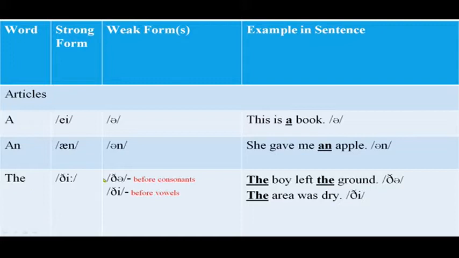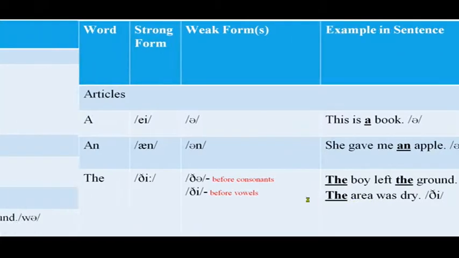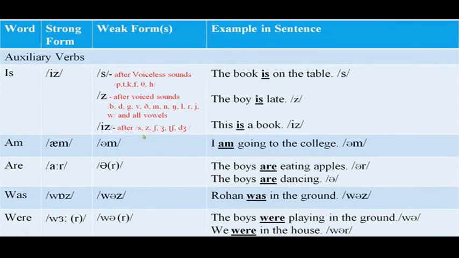The has two weak variants: thuh, which is pronounced when the is placed before consonant sounds, and thi, which is pronounced when the is placed before vowel sounds. As you can see in the two sentences, the boy left the ground, the area was dry.